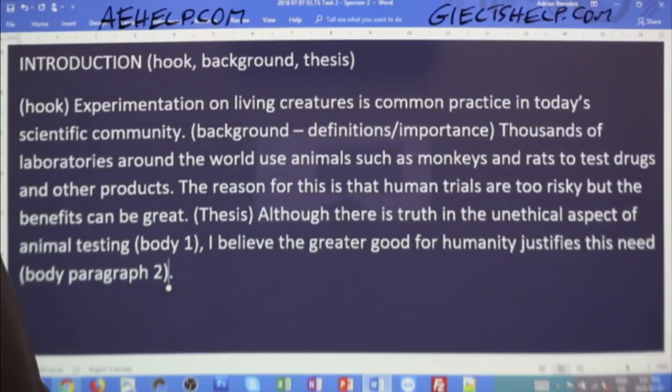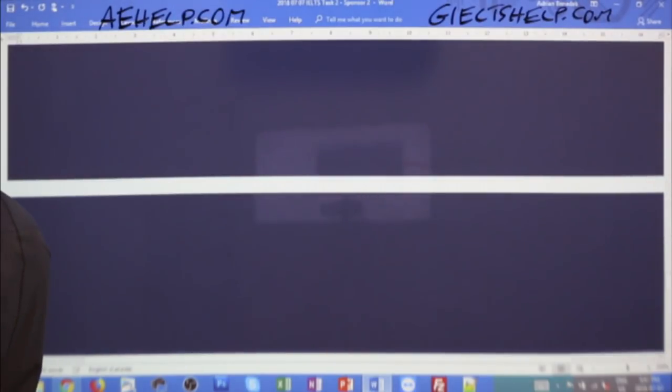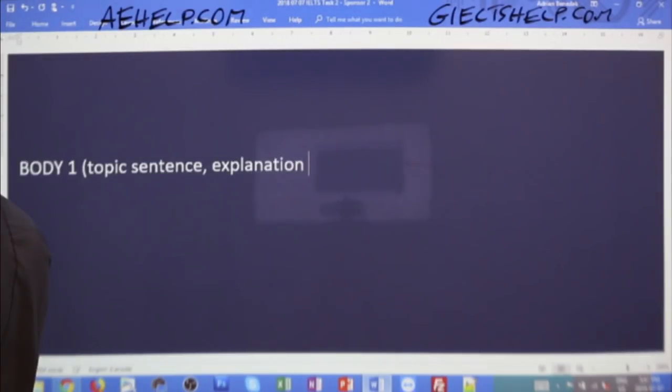Okay, now I can get into body paragraph 1. So as usual, body paragraph 1 has a few parts: topic sentence, explanation, example, and connecting or concluding sentence.